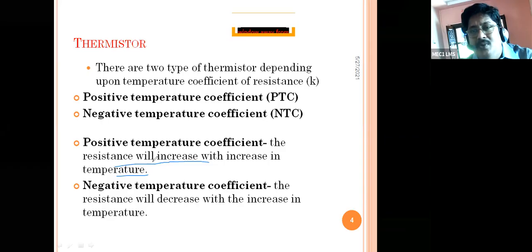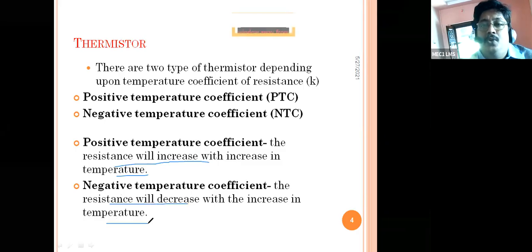But in the negative temperature coefficient, it is reverse: the resistance will decrease with an increase in temperature. So when the temperature decreases, the resistance increases. That means in the negative range, if the temperature increases, like -10, -5, then automatically the resistance will decrease.